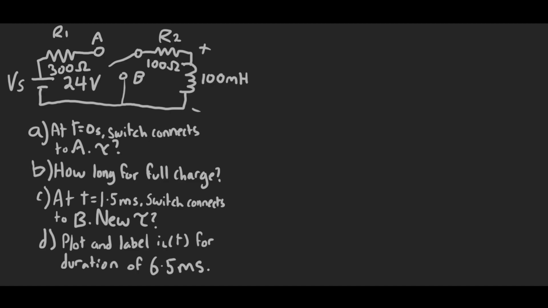This changes the overall time constant for the circuit, because this affects the overall resistance, and you have to calculate the new time constant. Part D is to plot and label the current across the inductor as a function of time for the duration of 6.5 milliseconds. Take your time if you need to, and pause the video to work on the solution.